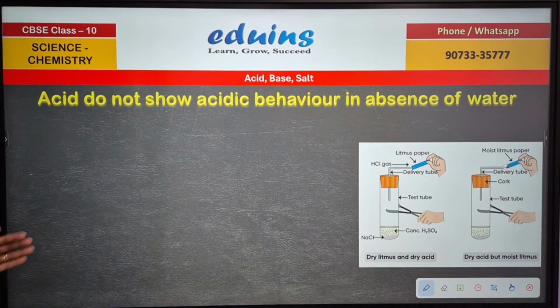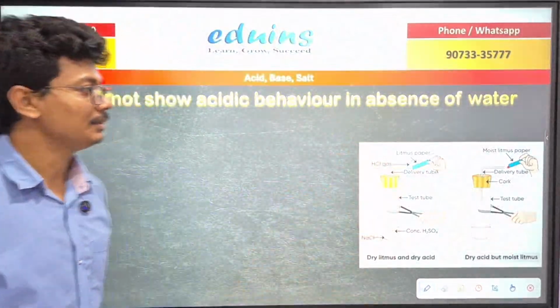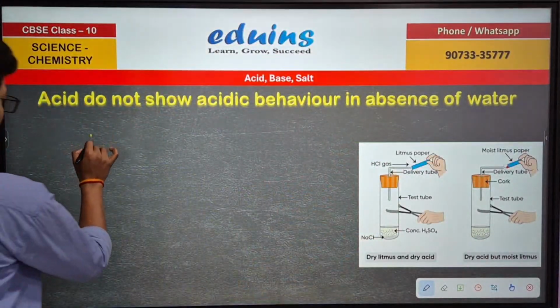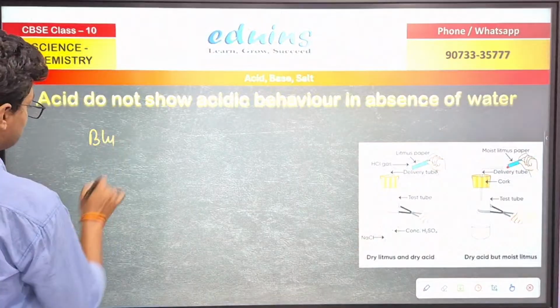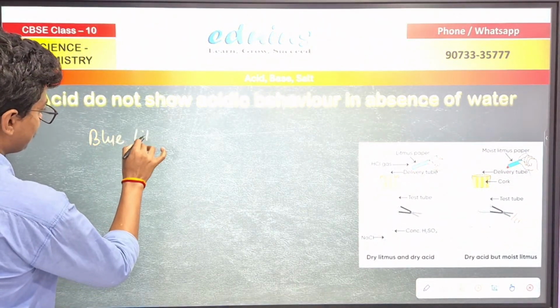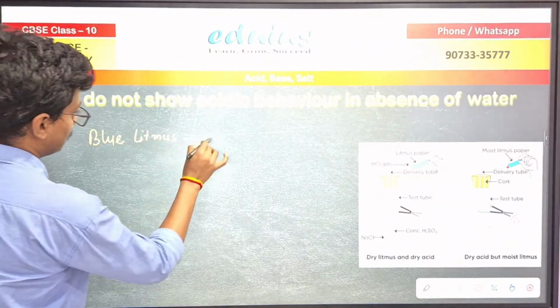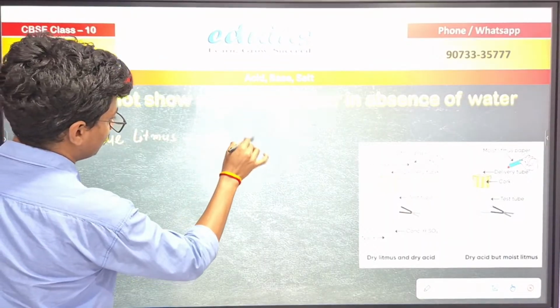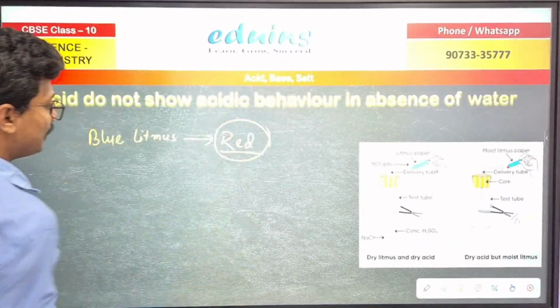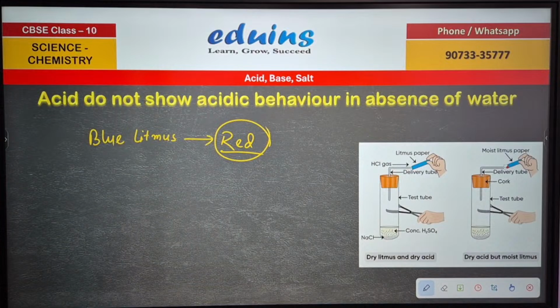As simple as that. यहाँ पे पिक्चर में दिख रहा है कि एसिड में ब्लू लिटमस turn into red. Clear? Blue litmus turn into red. Clear?